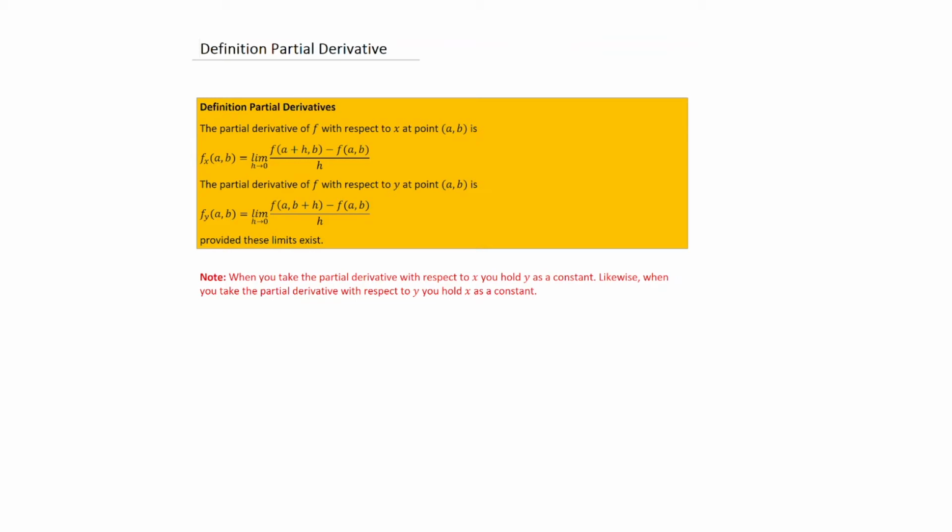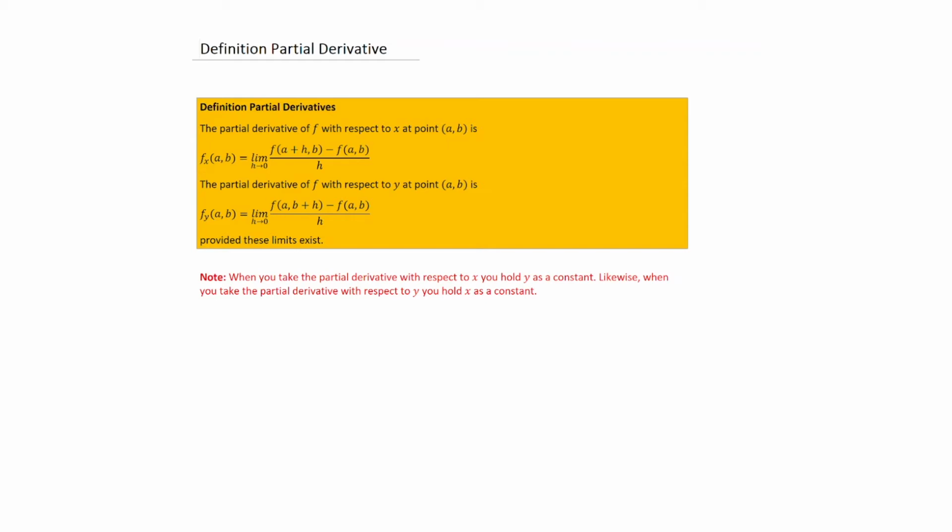Not only that, when we move in the x direction, we are already establishing a particular value of y at which we're moving in the x direction. Correspondingly, if we want to determine how the slope changes with y, we are establishing a certain value of x. We're determining the slope in the y direction.